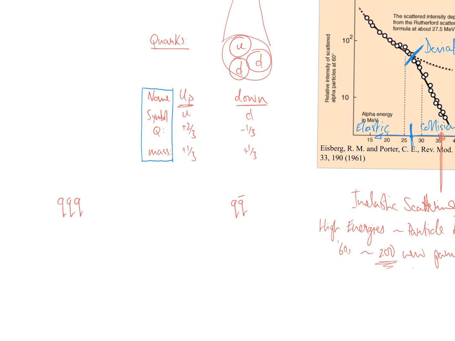Okay, so now for each one, what do we have? The quark-antiquark is called a meson. And there's a whole family of mesons which we need to be aware of. I'll define each one in a minute. We have what's known as a quark-quark-quark as a baryon. And the anti one is obviously going to be an antibaryon.